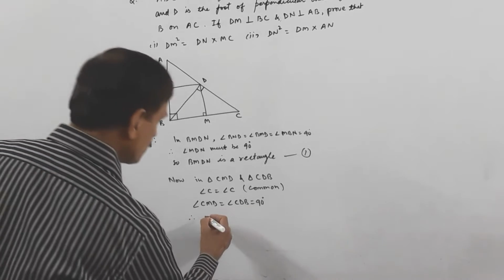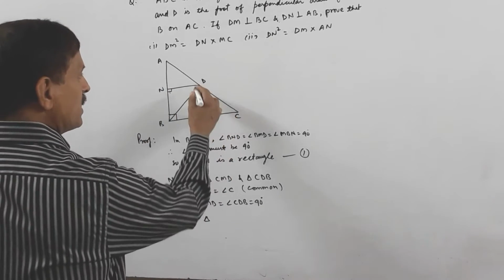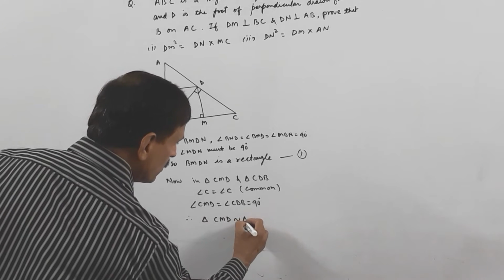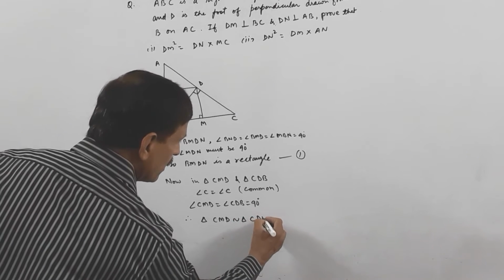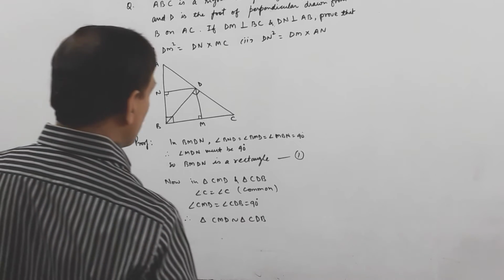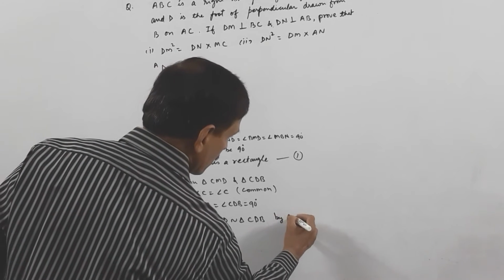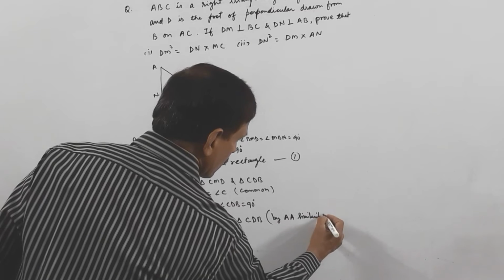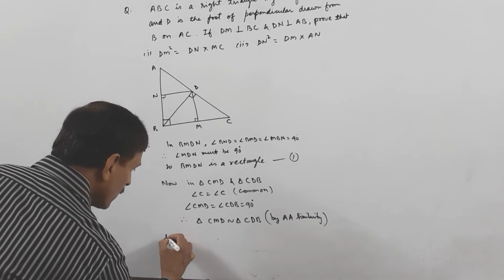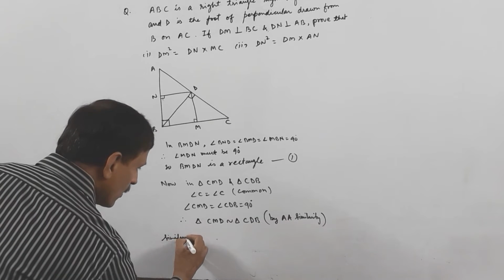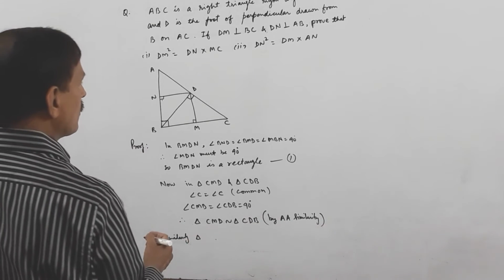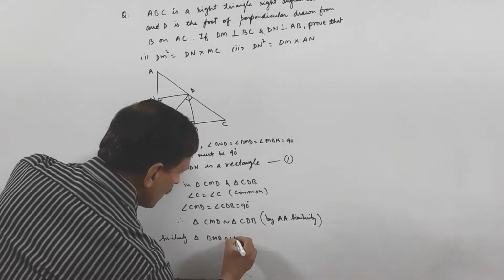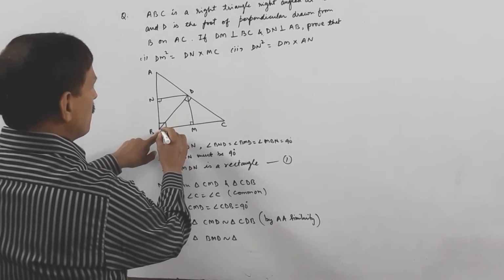Therefore, triangle CMD is similar to triangle CDB by double A. Similarly, triangle BMD is similar to triangle BDC.